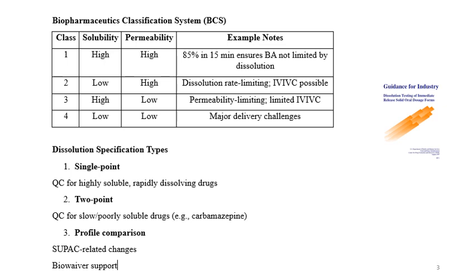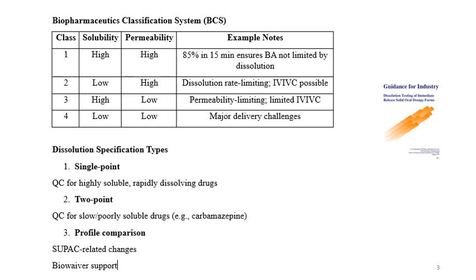Class 1 drug substances are highly soluble, highly permeable, and if there is more than 85% drug release in 15 minutes, it is considered that the bioavailability is not limited by the dissolution, because the dissolution is already very rapid. Then BCS class 2: low soluble, high permeable, dissolution is rate limiting for the absorption or bioavailability, and IVIVC will be possible.